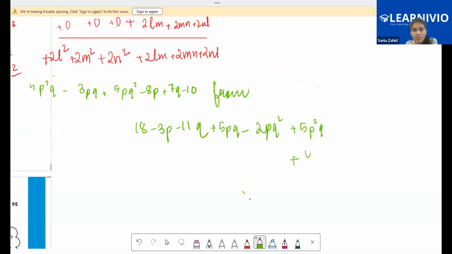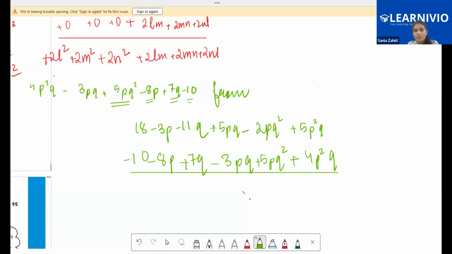Right, plus 4p square q. Next it is minus 3pq. So where should I write minus 3pq? Under 5pq. Minus 3pq. Then where will you write 5pq square? Under 2pq square. Plus 5pq square. Next, where will you write minus 8p? Under minus 3p. Then plus 7q under minus 11q. Then minus 10 under 18. Right. Now you will start solving.